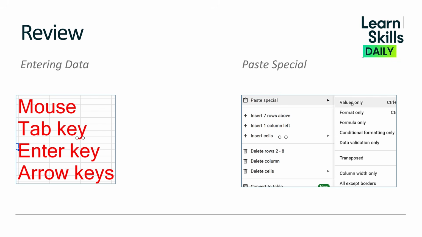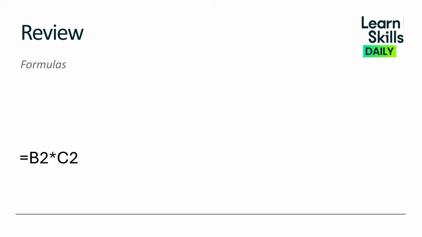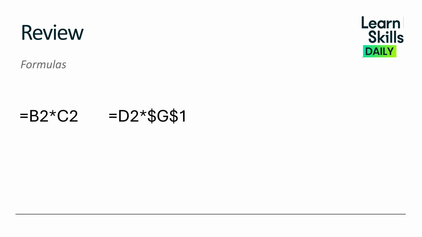The Paste Special command does things that the Paste command does not allow. You can paste in values only, or the formatting only, or even the column width only. Here's an example of a formula that we entered in. Equal B2 asterisk C2, and the asterisk is the multiplication.